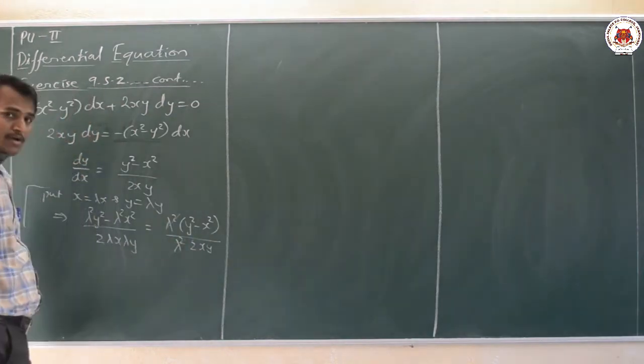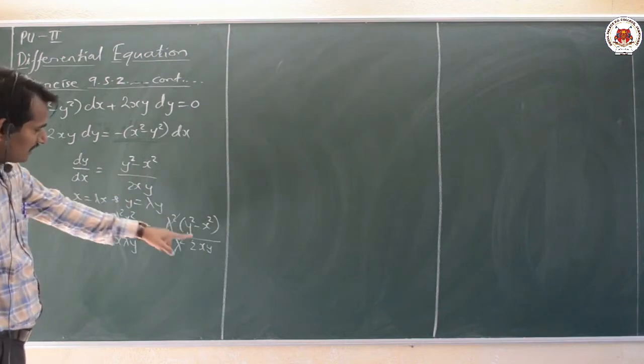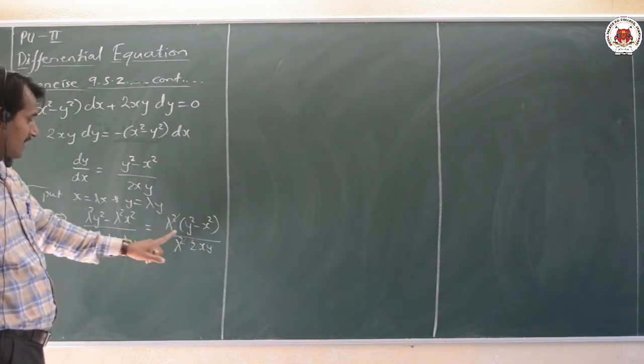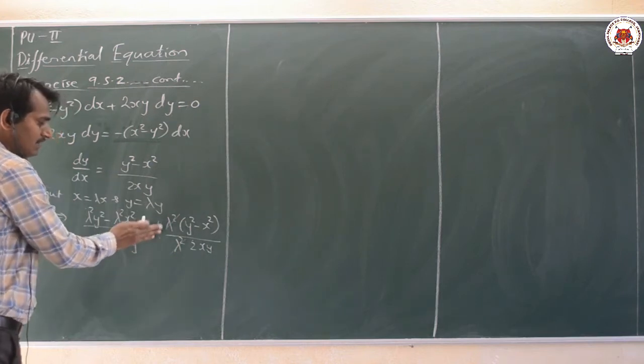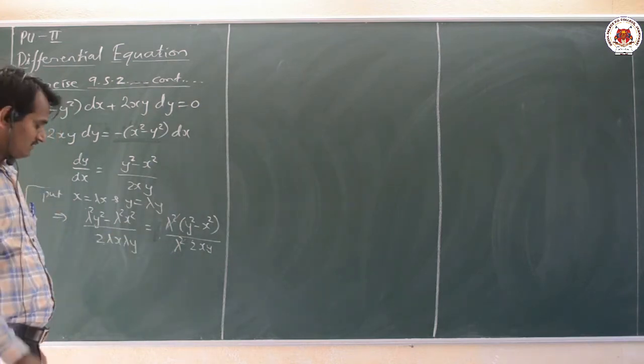Here lambda square gets eliminated and we get the same term, which means lambda to the power of 0, and lambda to the power of 0 is 1.